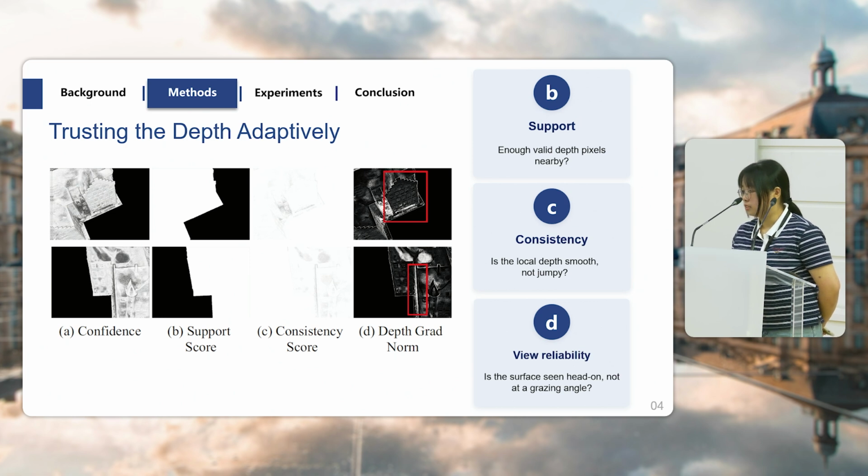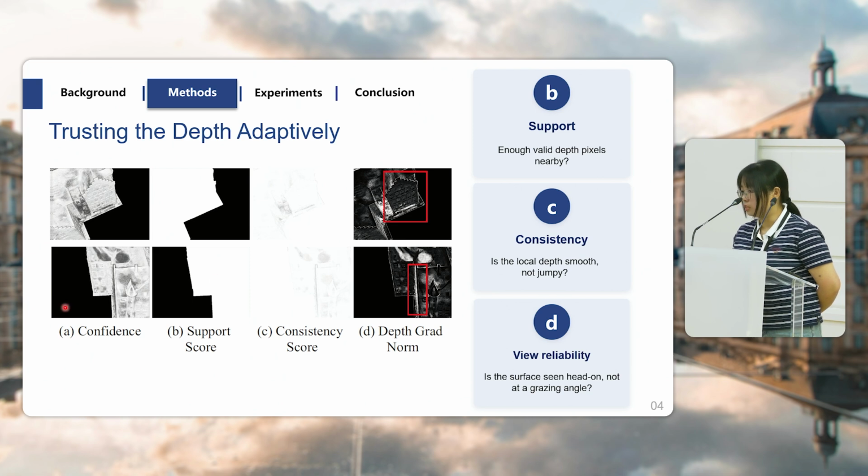The second is consistency. Against noise or jumps, it checks whether the local depth is smooth. The third one is view reliability. Against grazing angles, depth changes quickly across the image and is often unreliable, so we measure it with the image space depth gradient.